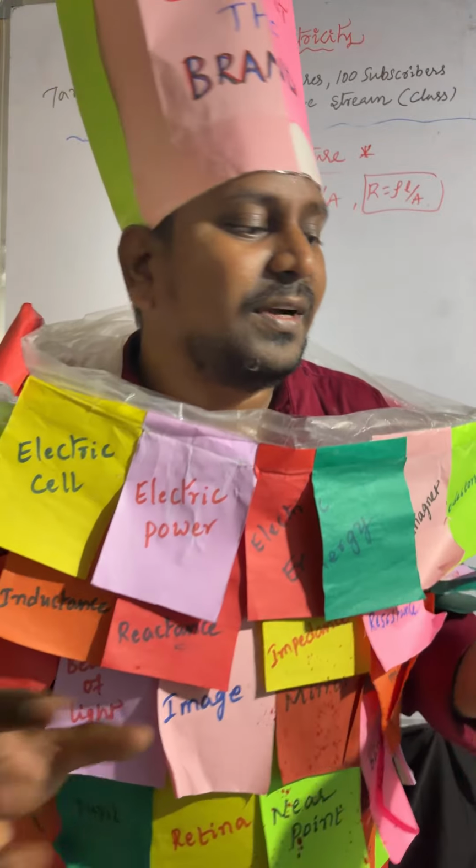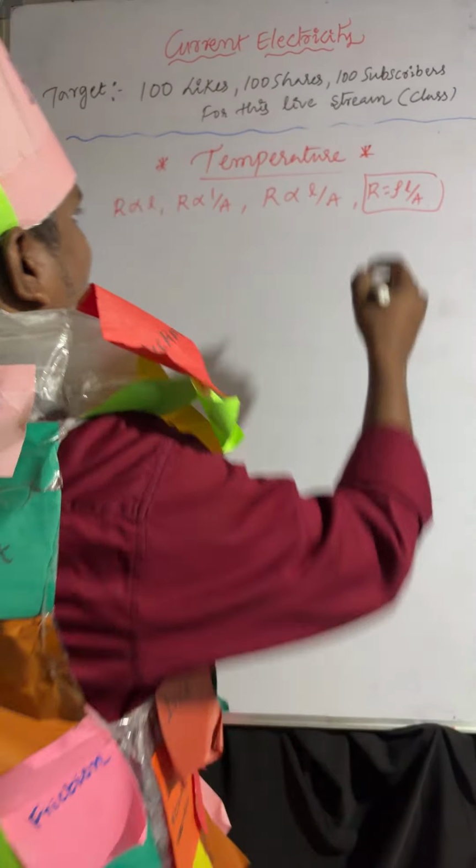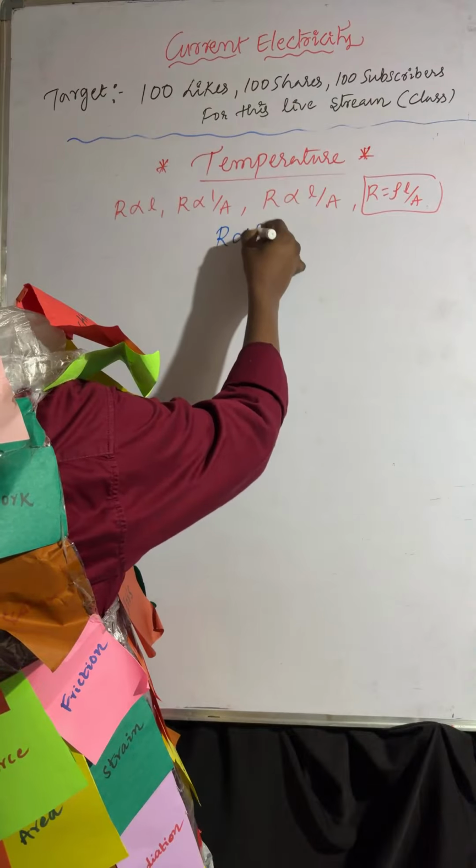That's why we take R as directly proportional to rho.